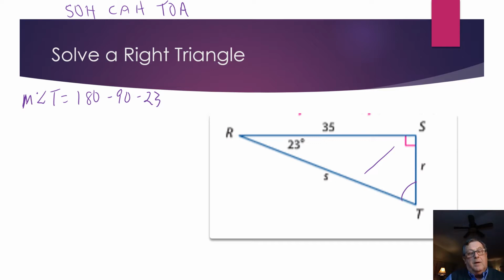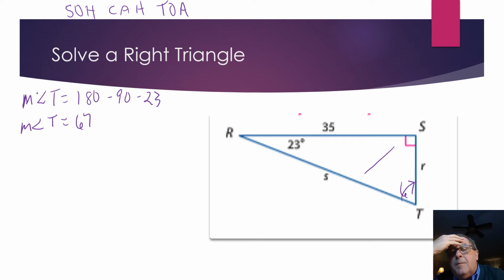Let's see what we got here. 180 minus 90 minus 23. And that would be 67. So the measure of angle T equals 67. All right, now I've got two side measures I need to find.